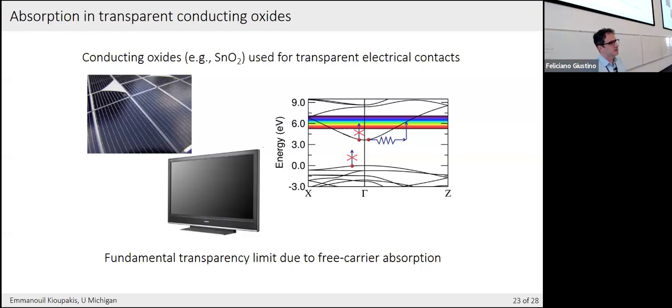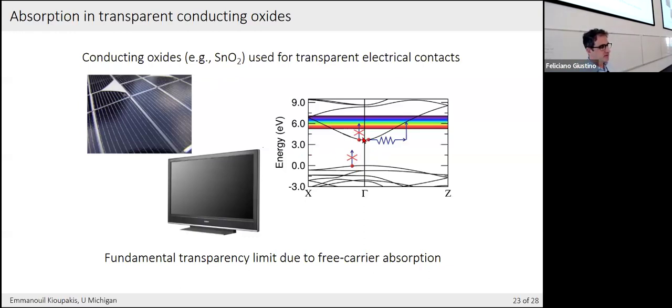On the other hand, metals do conduct, but they're opaque, like silver. So what's the best way to have both conducting and transparent behavior? That tends to happen with oxides, such as tin oxide, which is doped with electrons, but has a wide bandgap of more than 3.5 eV. So the bandgap is transparent to photons, and the free electrons give you conductivity.